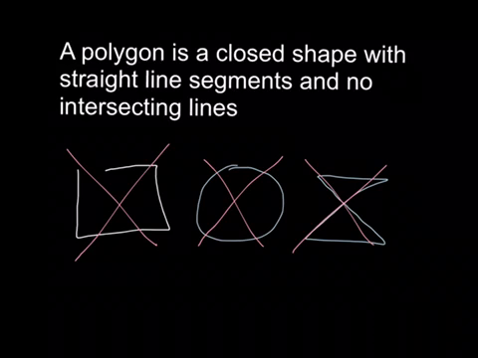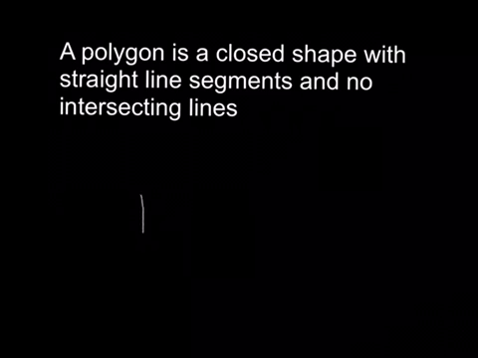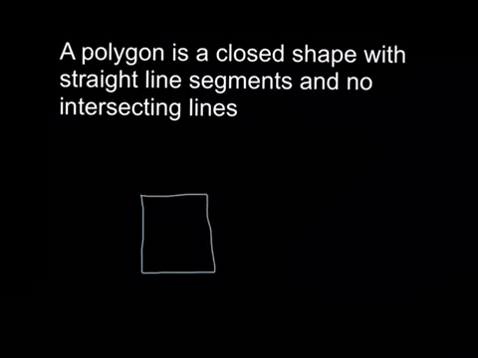So what does a polygon look like? I want you to pause the video and I want you to draw what you think a polygon could be. Push play when you're ready. Okay, there's many options when you're drawing a polygon. Remember that it has to be closed, cannot be open. It has to have straight line segments and no intersecting lines.